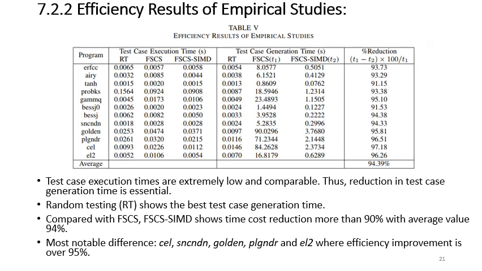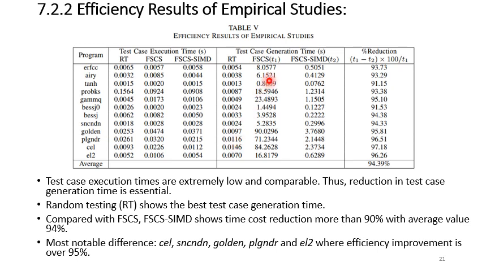Efficiency results of the empirical studies are shown in this table, where this is the time taken to execute a test case. We can see that the test case execution time is much lower compared to the test case generation time. Therefore, the reduction in test case generation time is very essential. It is no wonder that random testing shows the best test case generation time, because it has nothing to do with calculating distances between test cases.